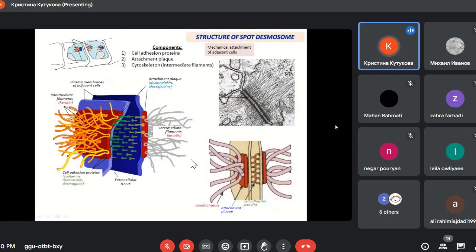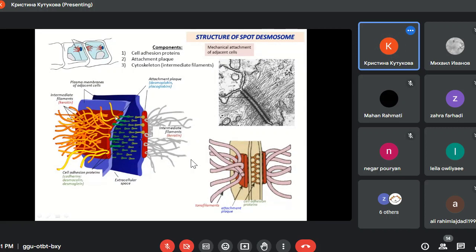Next will be spot desmosome or just desmosome. It is composed of the same three structures: cell adhesion proteins, transmembrane proteins, cadherins. This is the class name for these proteins, but they have some specific names: desmocholine and desmoglein. These are the names of these cell adhesion proteins.